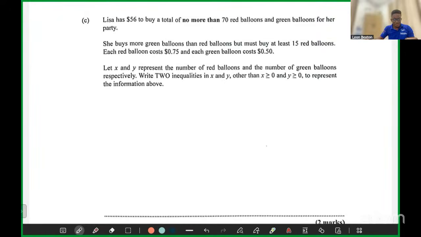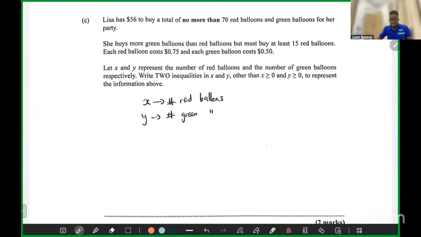All right, so the first one. Let me just write down this here. X would be the number of red balloons. Y is the number of green balloons.